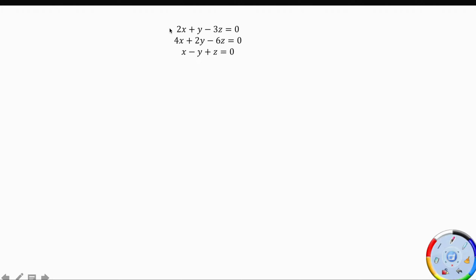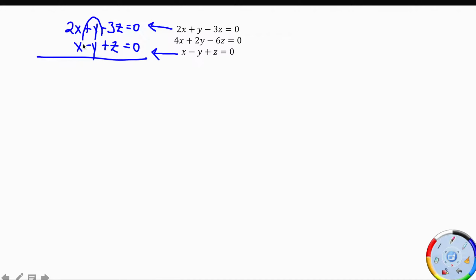All right, so my first step is 2x plus y minus 3z equals 0, and x minus y plus z equals 0.